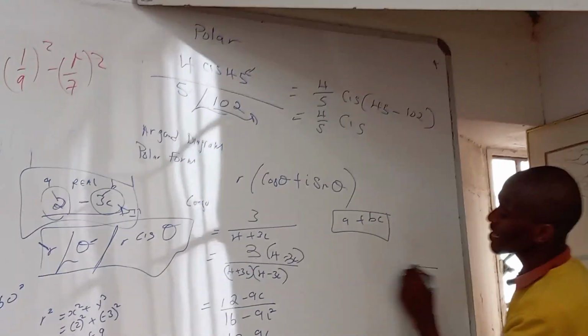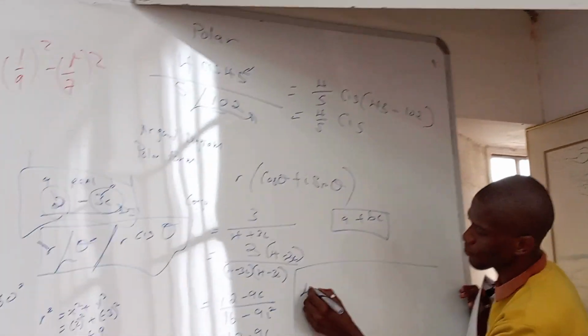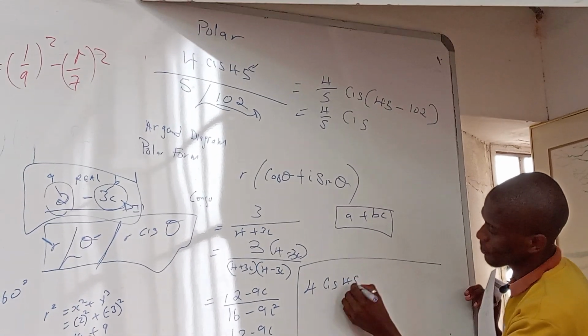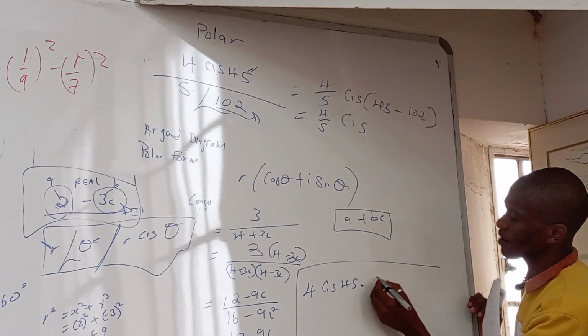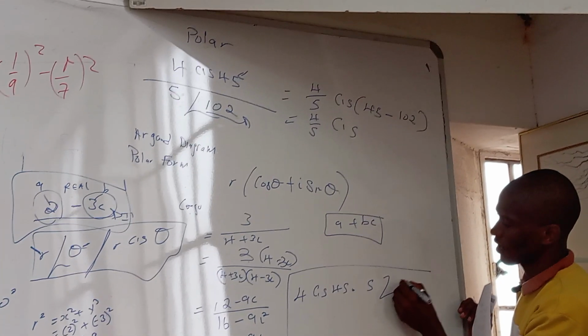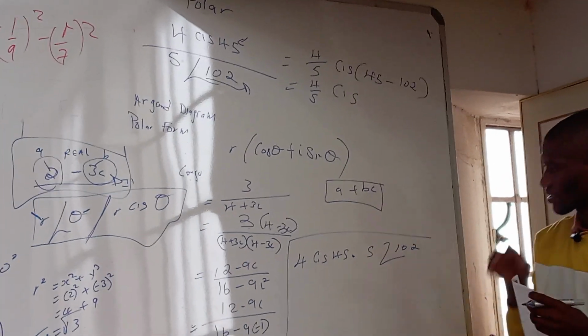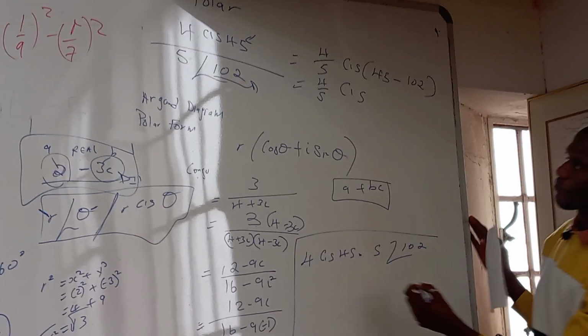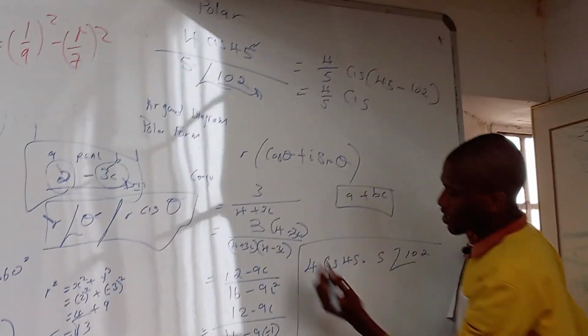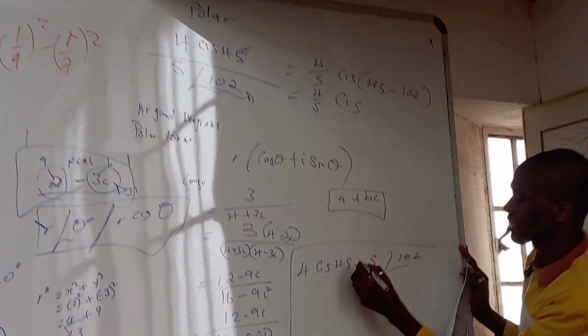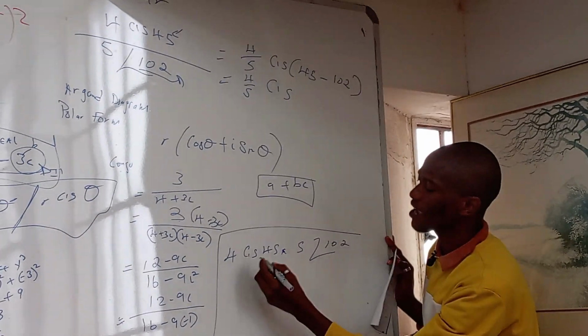Right? So in an example where, let's just say it's 4 cis 45, and they say multiply by 5 cis 102. Also, even here, guys, what we do is simple. Because remember, here we divided. So if you talk about the multiplication side, what do we do? We times.